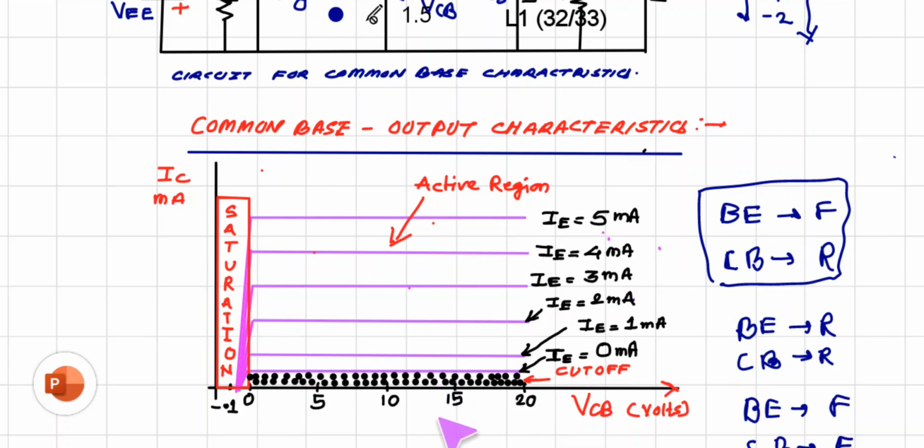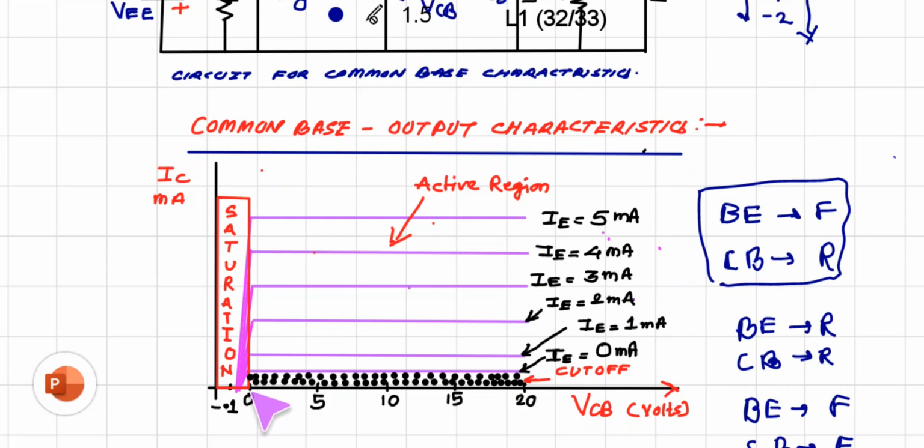The region below this is called the cutoff region. Below the cutoff region we cannot use the transistor for amplification purposes. So this is the only active region in which we can use the transistor as an amplifier. So remember that.